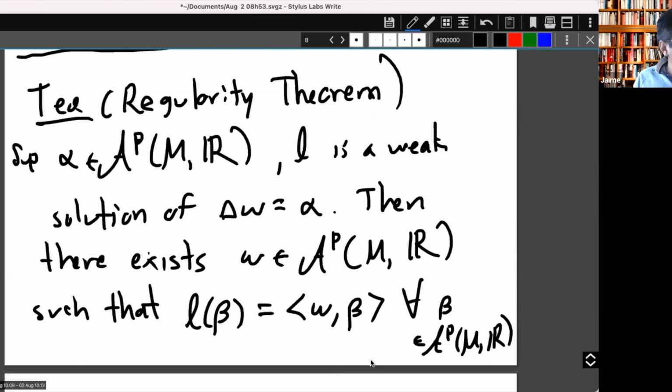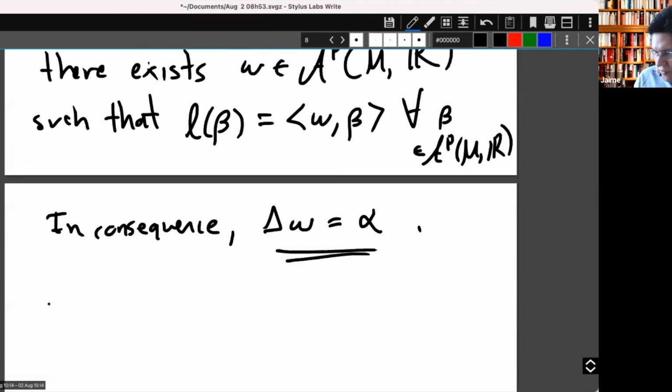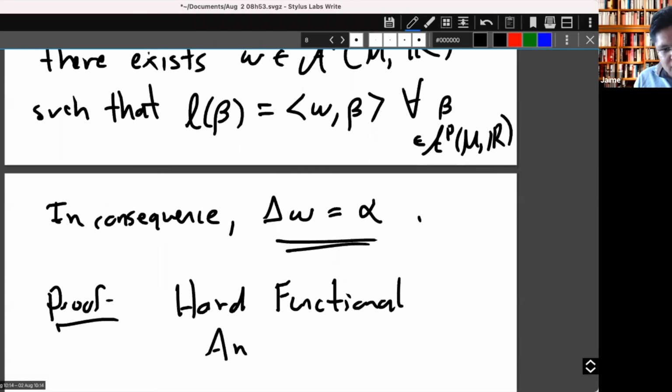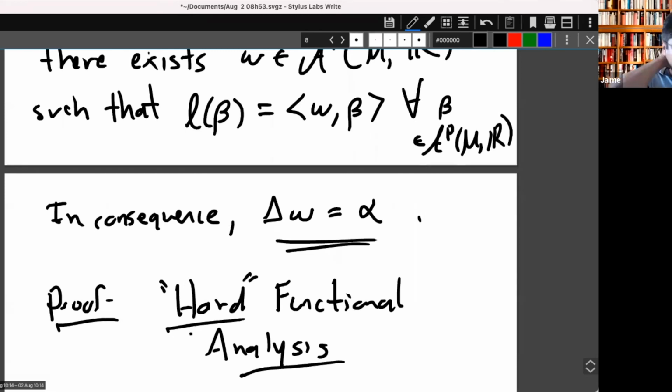Okay, the regularity theorem, it is a very hard theorem. I'm not gonna prove anything of it because the proof actually requires hard functional analysis, right? And by hard, I mean very hard. So you have to know a big deal of elliptic operators and stuff like that, right?